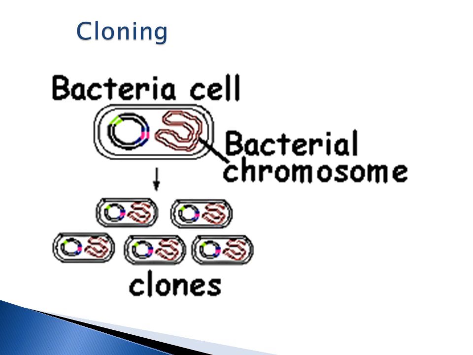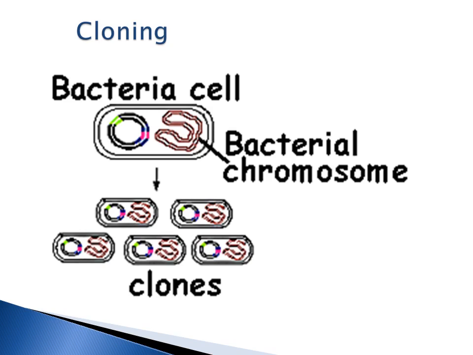So this whole process is referred to as cloning because you're making clones of that recombinant DNA using bacteria. When you put your recombinant plasmid into your bacteria, such as E. coli, E. coli doubles every 20 to 30 minutes.